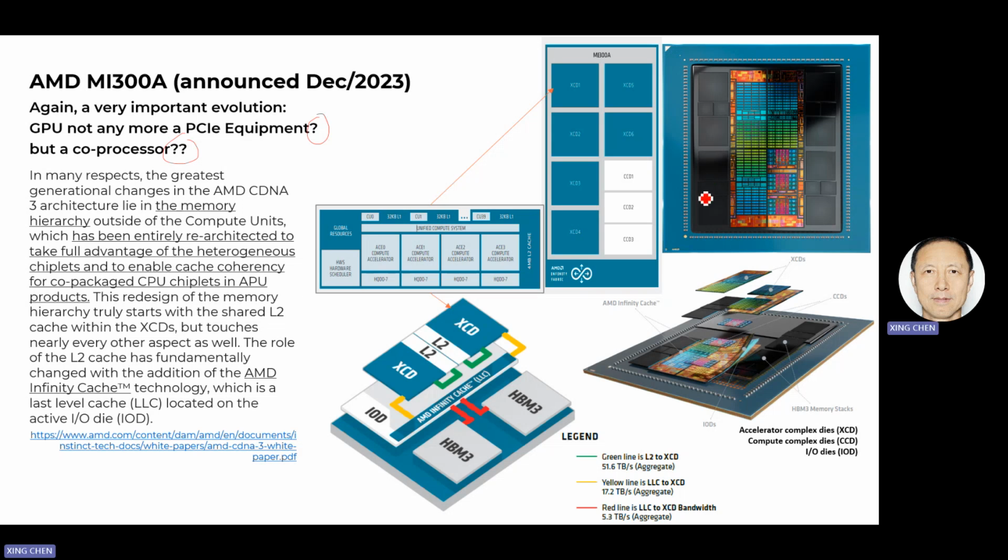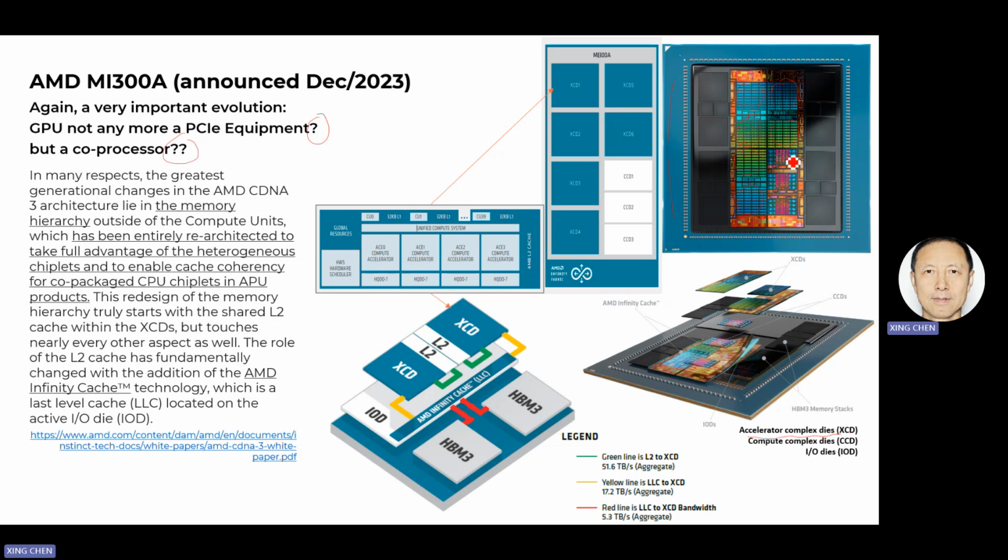If you look at this artistic photo of this MI300A, you can see that we have 1, 2, 3, 4, 5, 6 XCDs. XCDs are the accelerator complex dies.